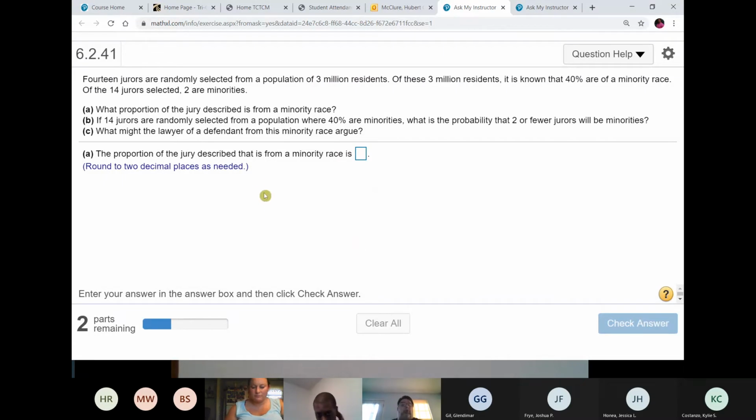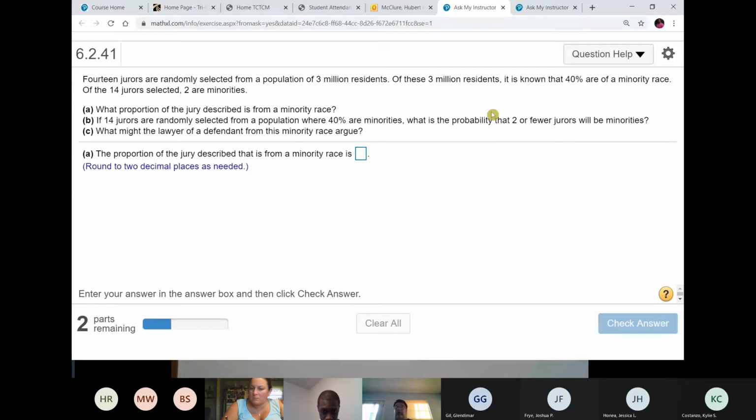All right. 14 jurors are randomly selected. It is known that 40%, somebody tell me what that is. P is equal to 40, and I'm going to change that to 0.40, correct?